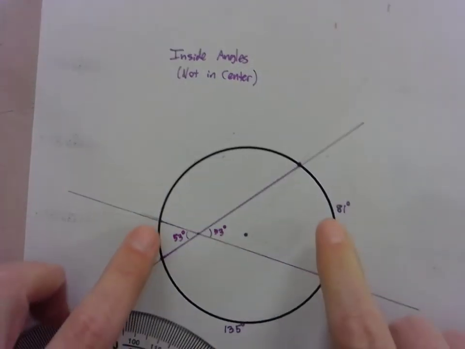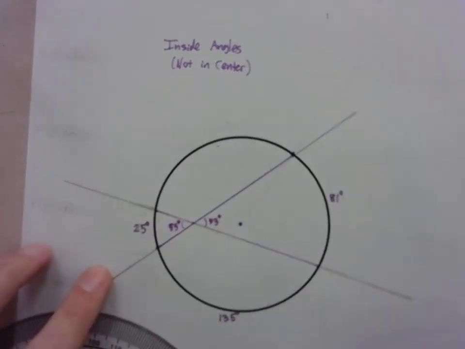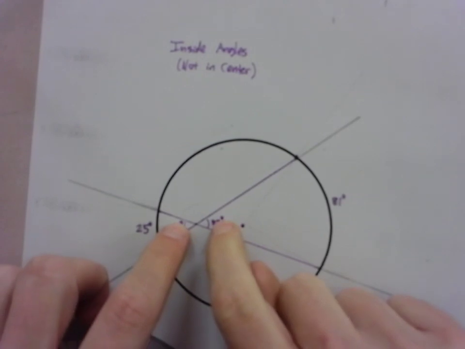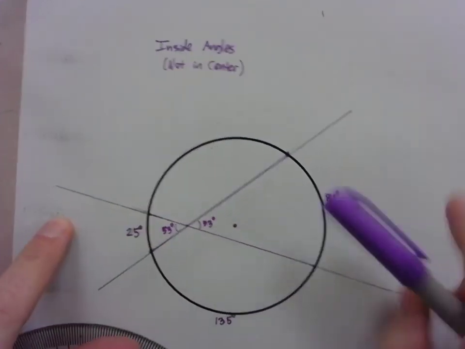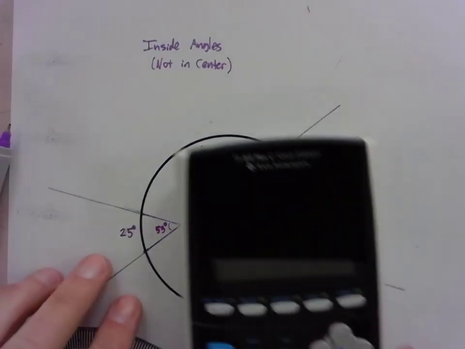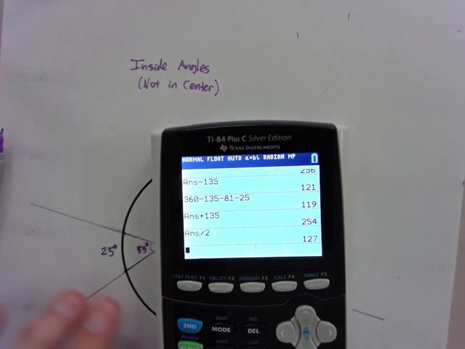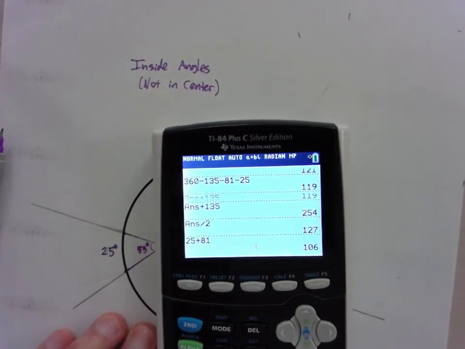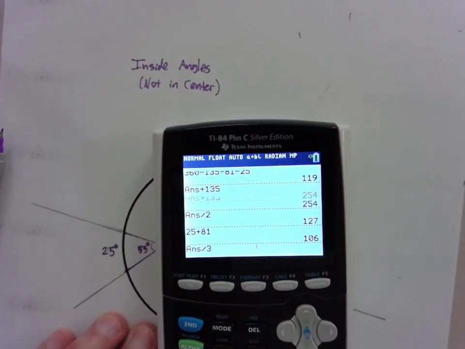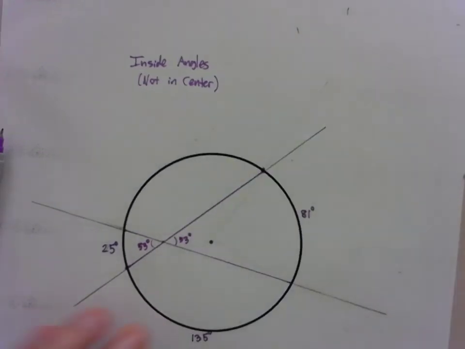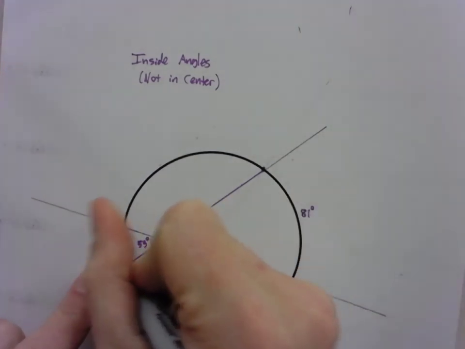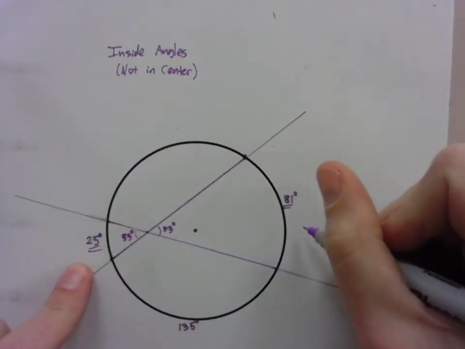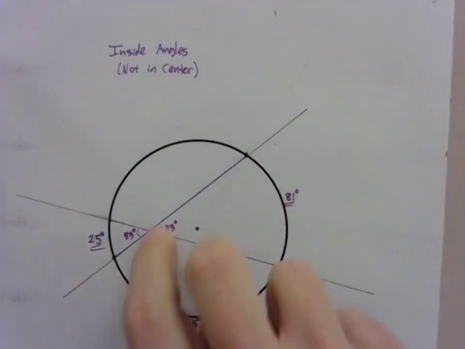But if you take the two intercepted arcs, the ones to the left and right, since these are in between here, if you add those together and divide by 2, that's 106 divided by 2. That's also 53 degrees. So we can just average these two, 23 plus 81, and that'll get you the angle in there.